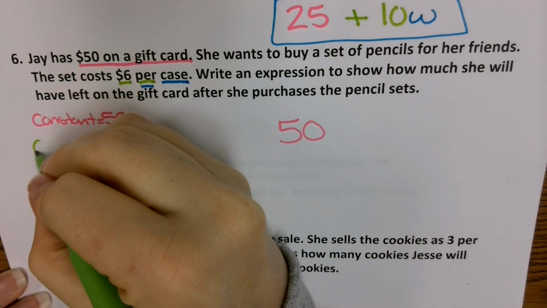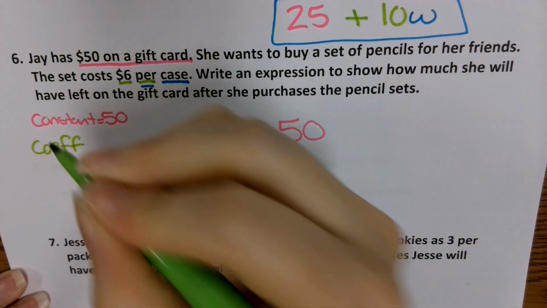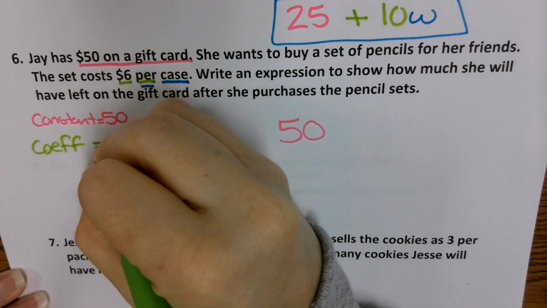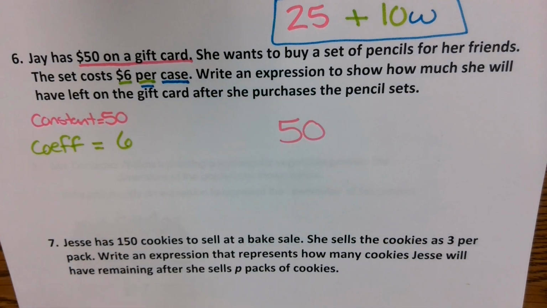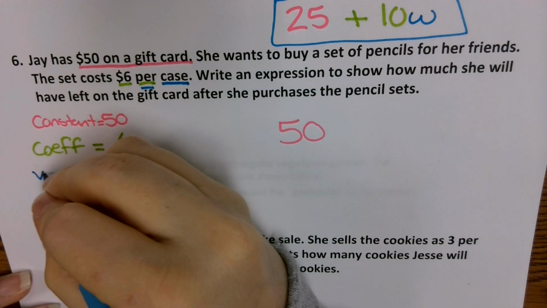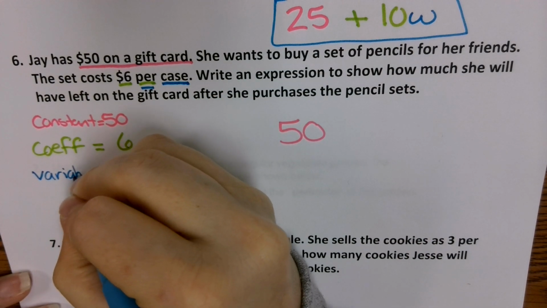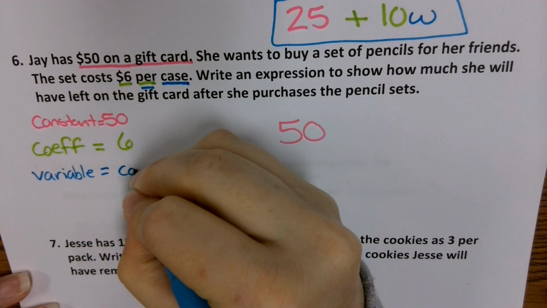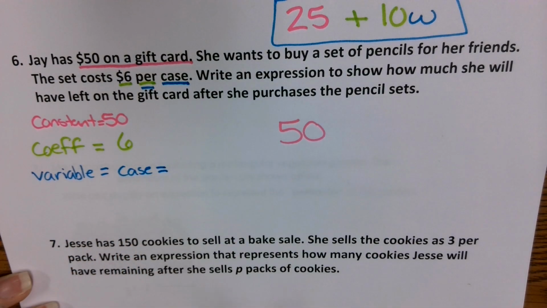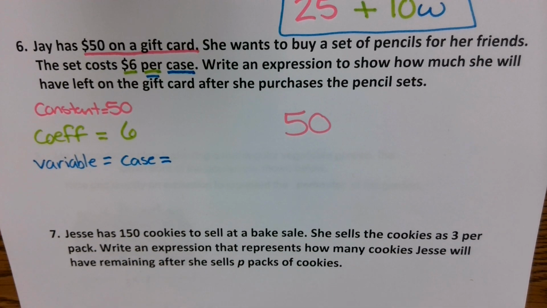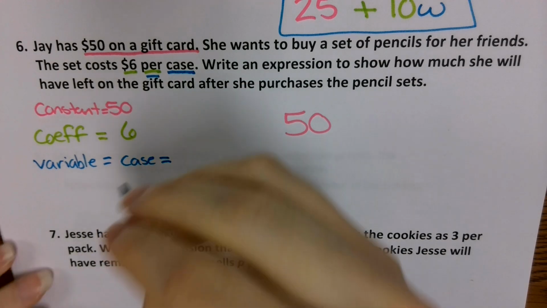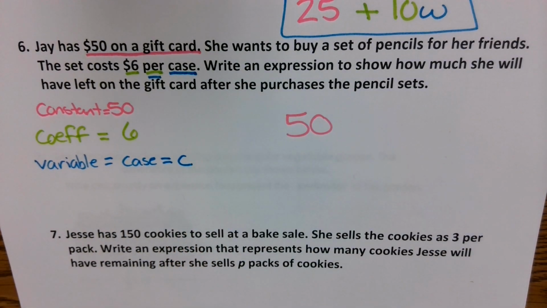So our coefficient in this case, and I'm just going to put COEF, our coefficient is going to be a 6. Our variable has to be the case. So what letter should we use to represent case? C, right? Let's let C represent our case. Okay, so we know we're dealing with 6C.